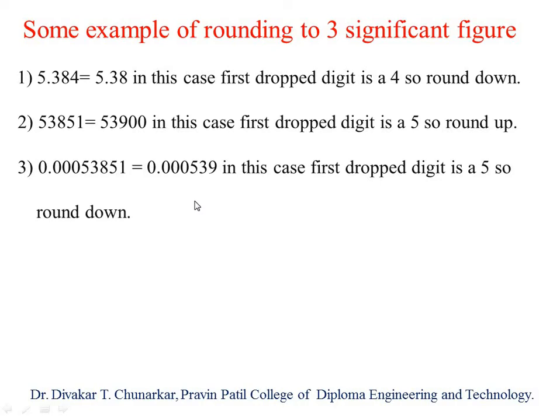This first unit, Measurement, is only 5 marks according to MSBTE, but on this particular topic, significant figures and rounding numbers, a question must arise in your examination. So students, keep significant figures and rounding numbers in mind.